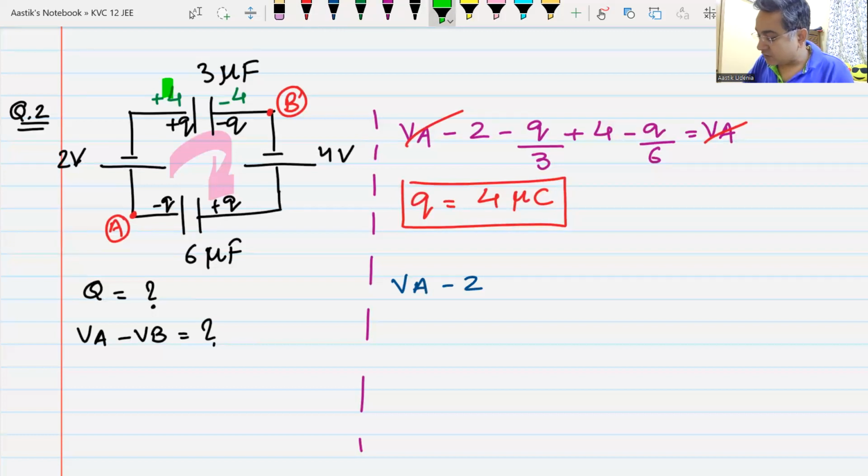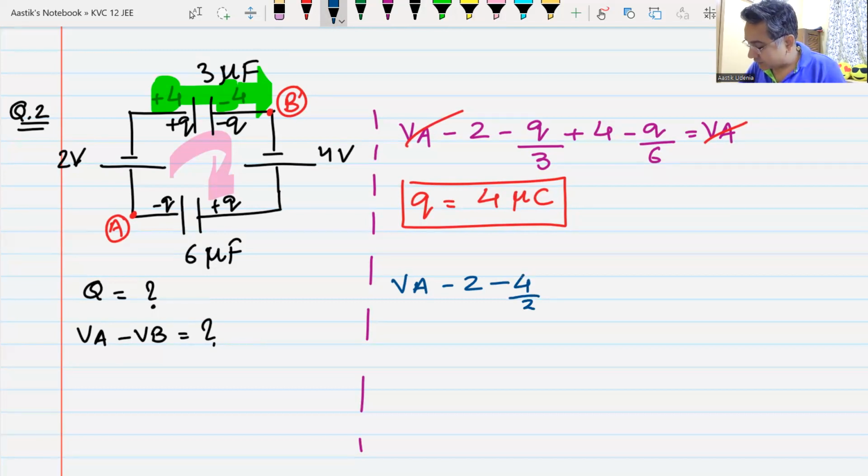And then I go across this battery, from the positive terminal to the negative terminal. So it should be minus how much? 4 by 3. And I can equal it now to VB, finishing my journey at point B because I don't have to go any further. So that will be the value of VA minus VB.